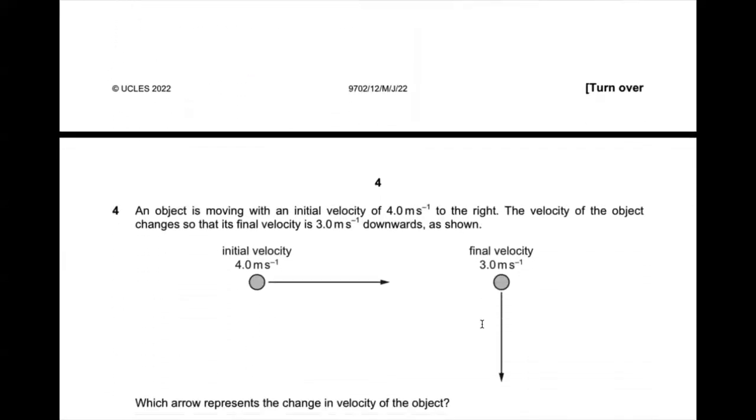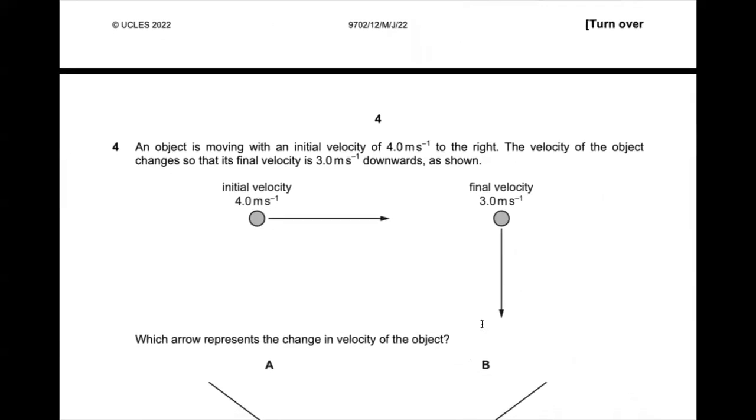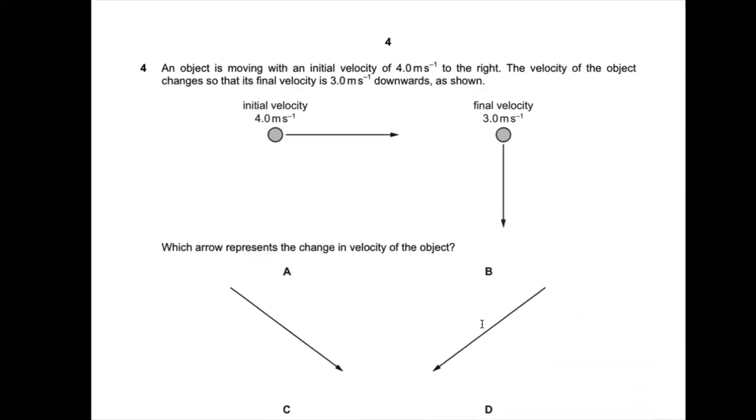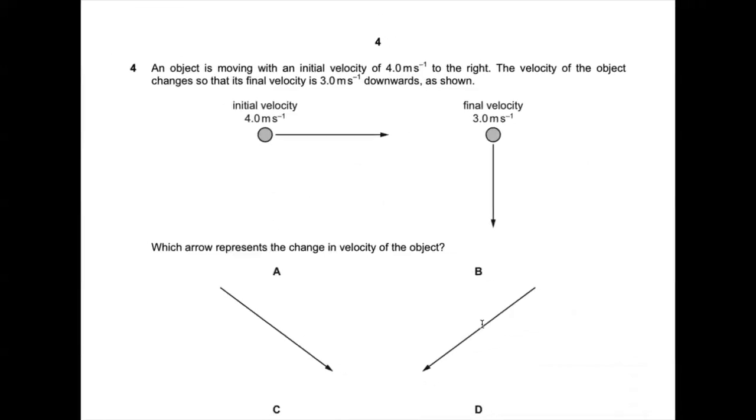The examiner says question number 4 was somewhat tricky to students. Really it shouldn't be, because it's just vectors. An object is moving with initial velocity as shown and final velocity as shown. We need to find the vector which represents the change in velocity.